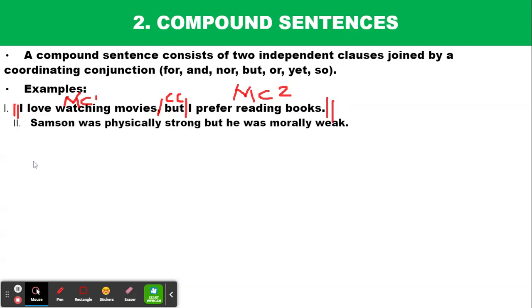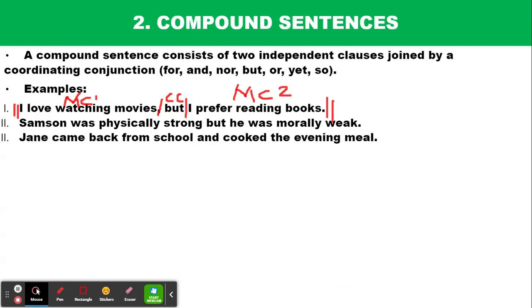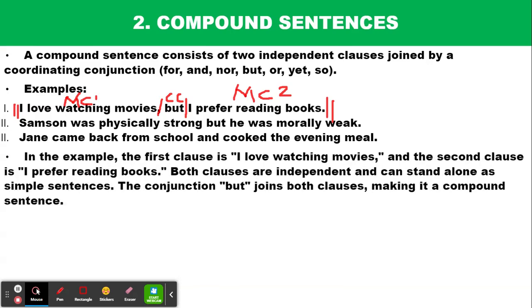So let's look at other examples. Samson was physically strong, but he was morally weak. Jane came back from school and cooked the evening meal. In the first example, the first clause is I love watching movies. We call this MC1.